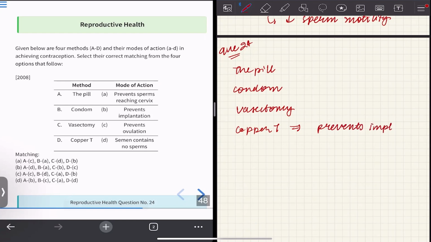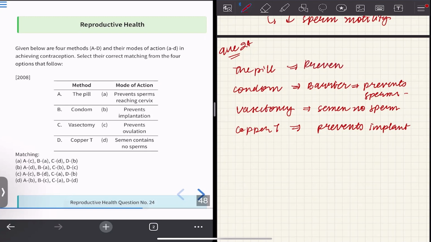Okay, vasectomy, we block the vas deferens. So the semen contains no sperm. Condom is a barrier, so it prevents sperms from reaching the cervix. Okay, and I pill, it prevents ovulation. It contains a combination of estrogen and progesterone, and it prevents ovulation.